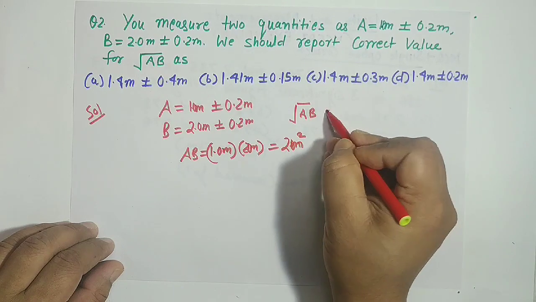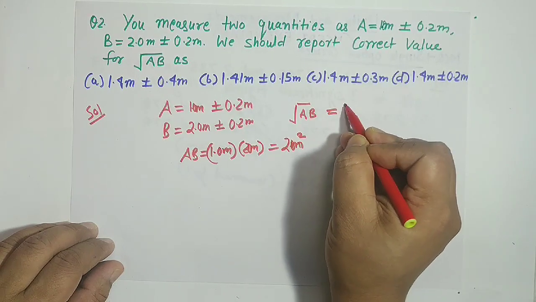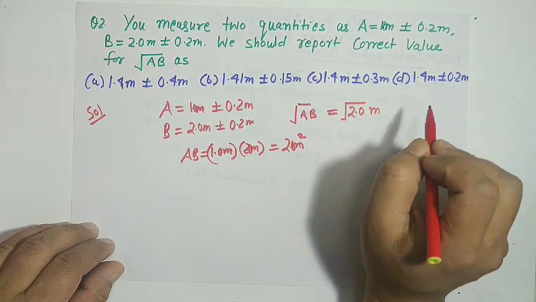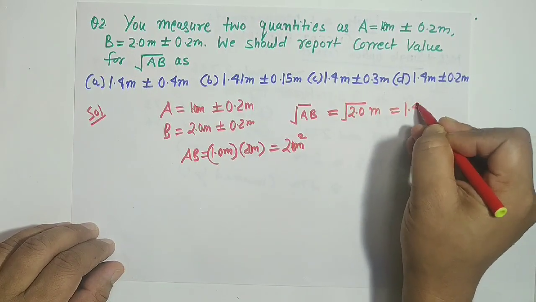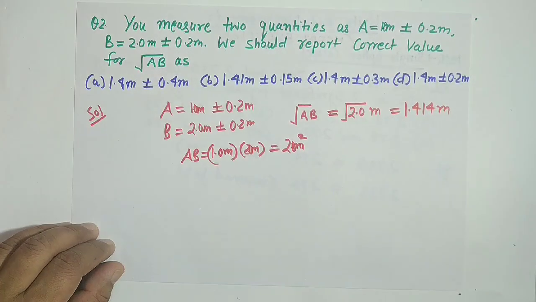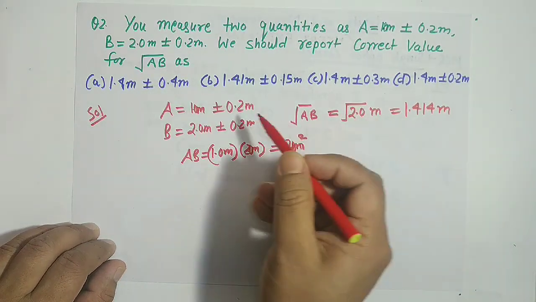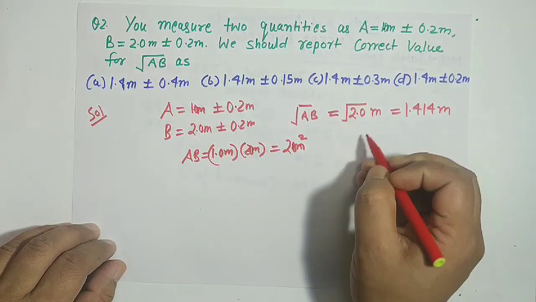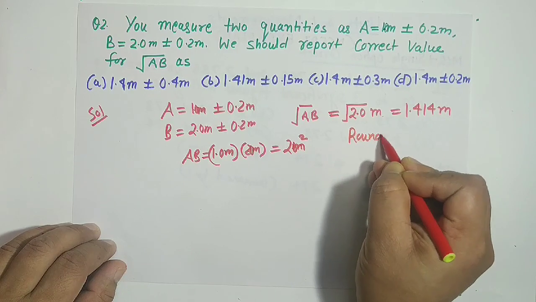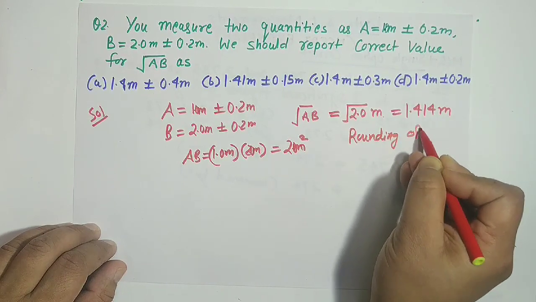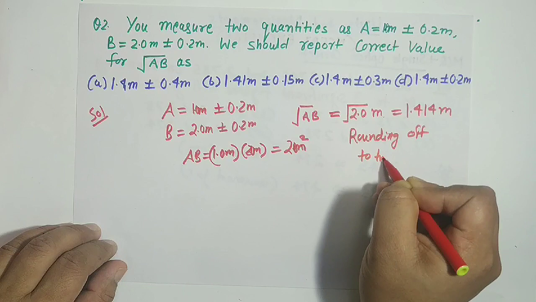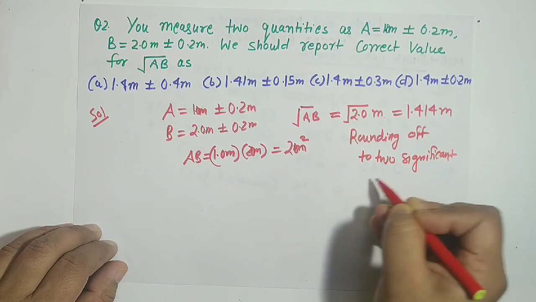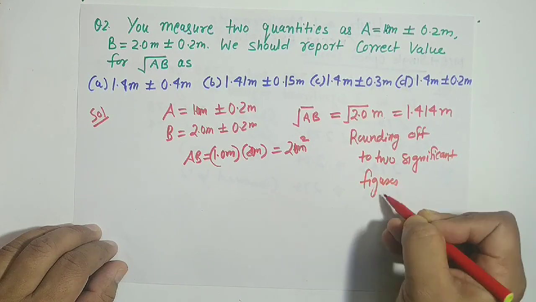So root of it will be 1.414 meter. Now because this has 2 significant figures, I will round it off to 2 significant figures. Got it or not?